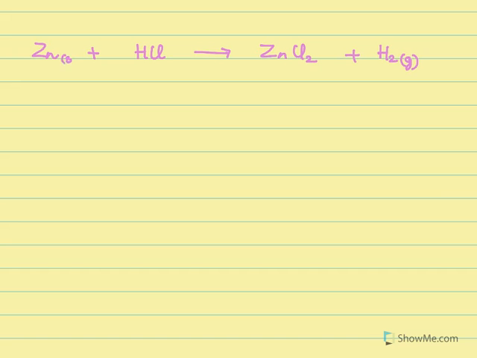So this is here solid, here we have aqueous, and then we want to balance it. You will have 2 HCl and it's balanced. We have here zinc chloride. This reaction is a little slower than aluminium, so we can say that aluminium is more reactive than zinc.